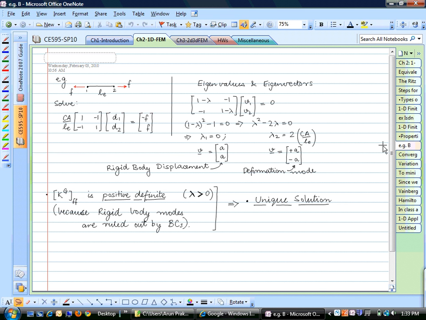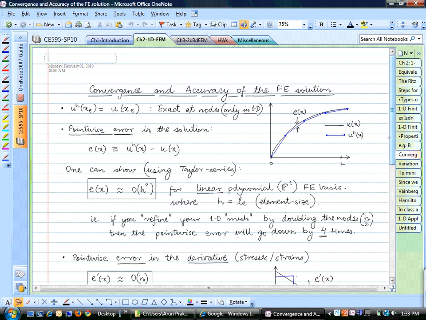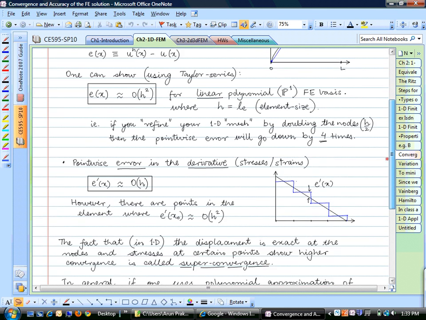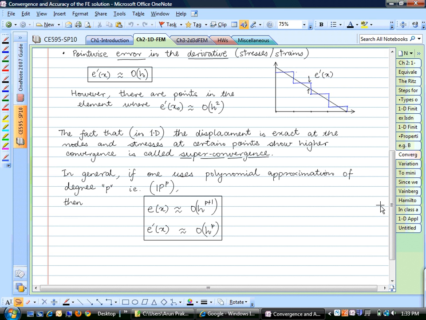Okay. So anyway, then we also took a look at some of the convergence and accuracy issues in one-dimensional finite elements. A couple of points: we said that if you use a polynomial approximation of degree p, then the error in the displacement is going to be of the order of h to the power p plus 1, and we were using linear polynomials.